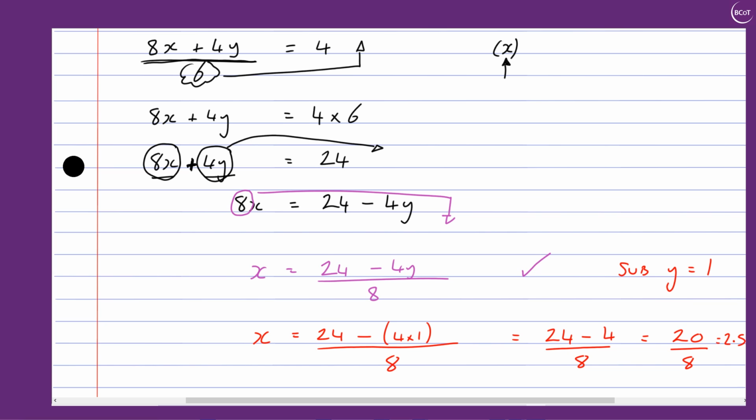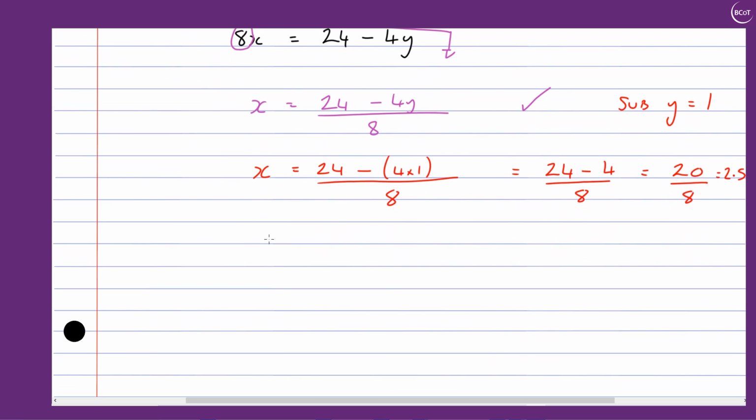So you would use a calculator. You'd be allowed to use a calculator to do this anyway. So once we've given a number to substitute in for y, we can find out what x is here. So x is 2.5.